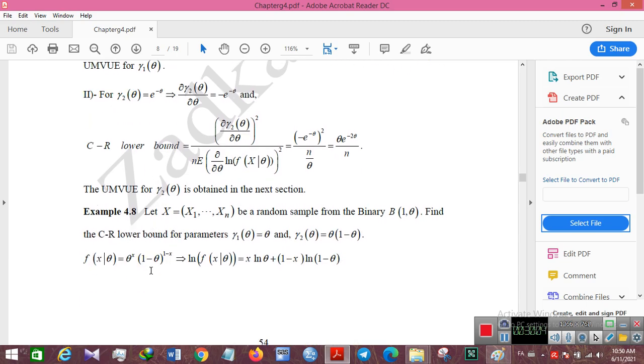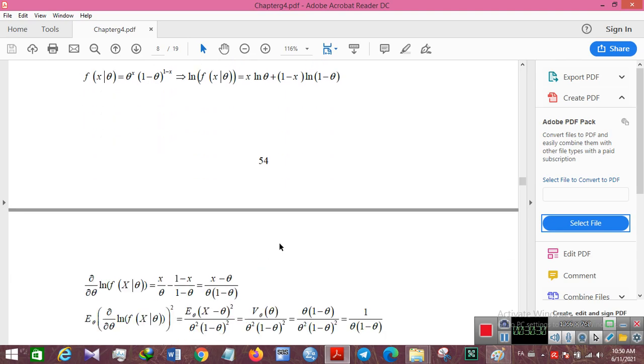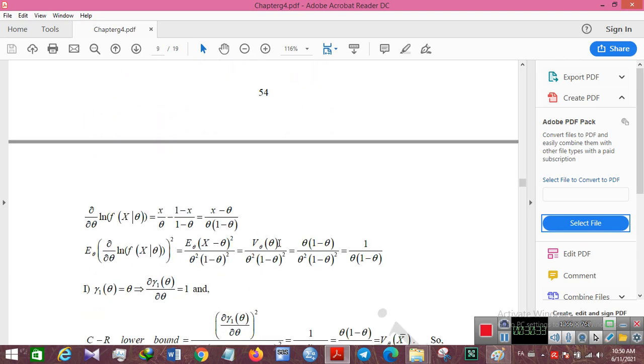And the second example: X1 to Xn is a random sample from the Bernoulli distribution. The Cramér-Rao lower bound for γ1(θ) is θ and γ2(θ) is θ over 1 minus θ. This is the distribution density function, and this is the ln or log of the density function, and we can calculate the derivative of the log of this density function.